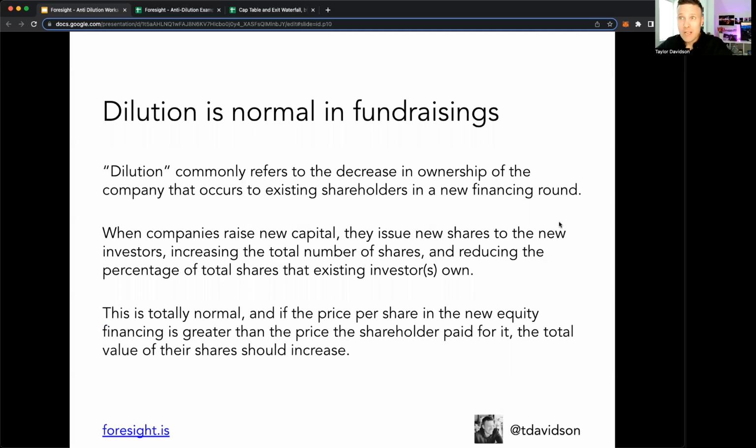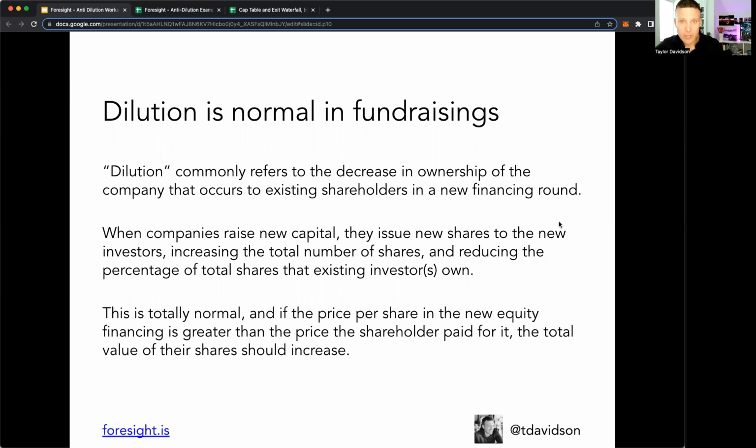Now, let's talk about dilution. To frame this up, dilution is normal, right? Dilution basically refers to the decrease in ownership of a company, for existing shareholders, that comes from the company raising money and issuing new shares to investors. That's a normal thing.